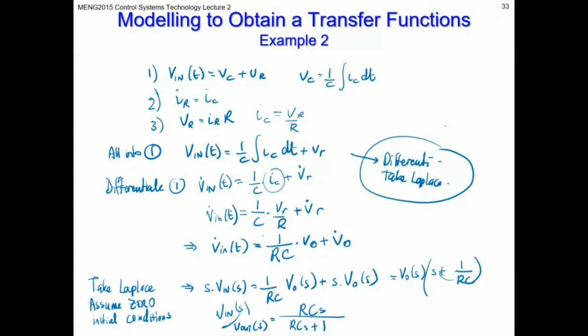If we multiply RC over RC on both sides, you end up with RCS over 1 plus RCS here. So that's how we ended up with V out over V in equals RCS over RCS plus 1.